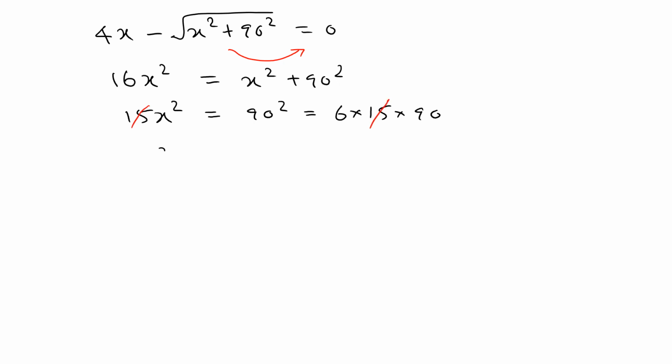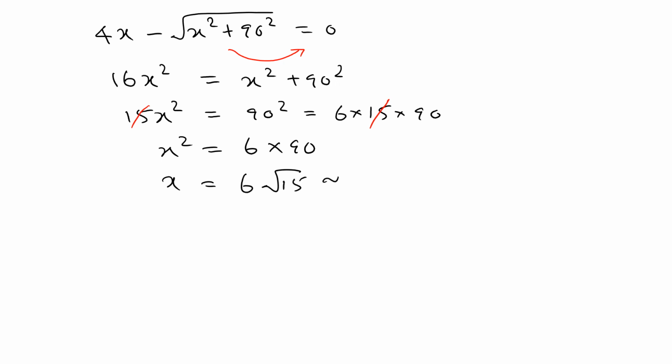So you get x squared equals 6 times 90. If you take the square root, x equals 6 square root 15.